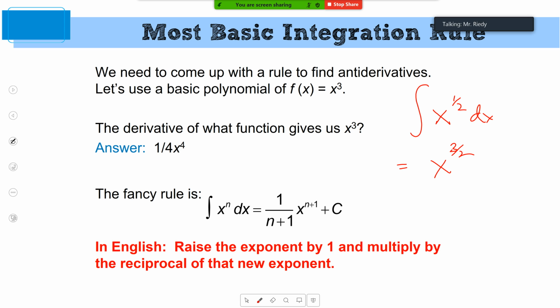And if we used Alex's, I think that was Alex, right? We'd have 1 over 3/2, which then I have to deal with, a fraction over a fraction. This method is easier because you just take that new exponent and take the reciprocal. Multiplying by the reciprocal is the same thing as dividing by the number. Plus c, don't forget the plus c.